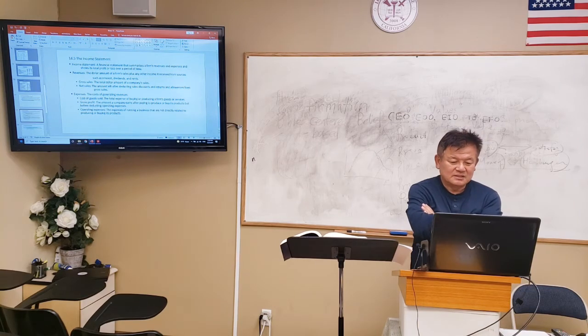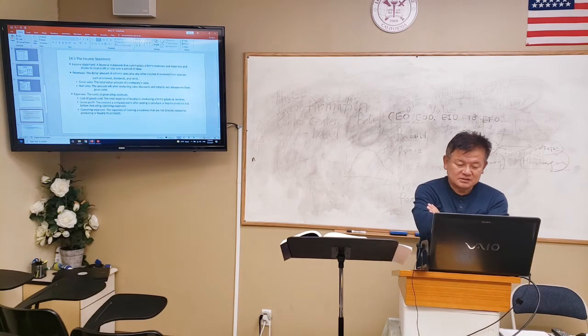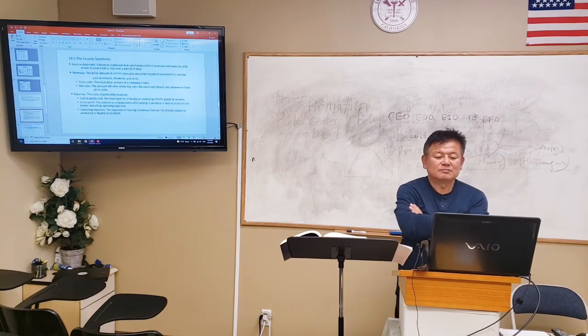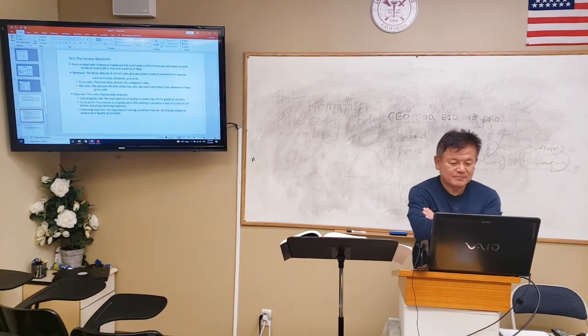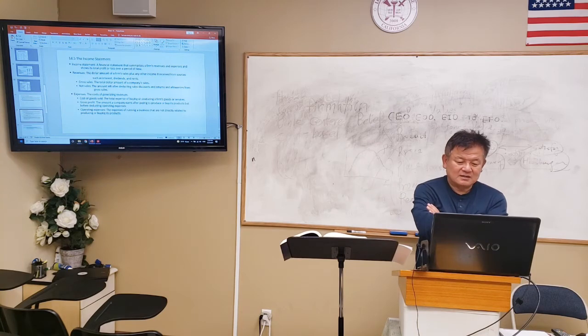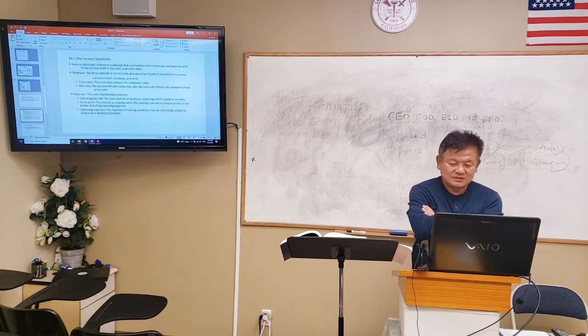So the income statement shows the revenue, expenses, and also profit or loss. Revenue means the dollar amount of firm sales plus any other income it received from sources such as interest, dividends, and rent. All these things are included in revenue.